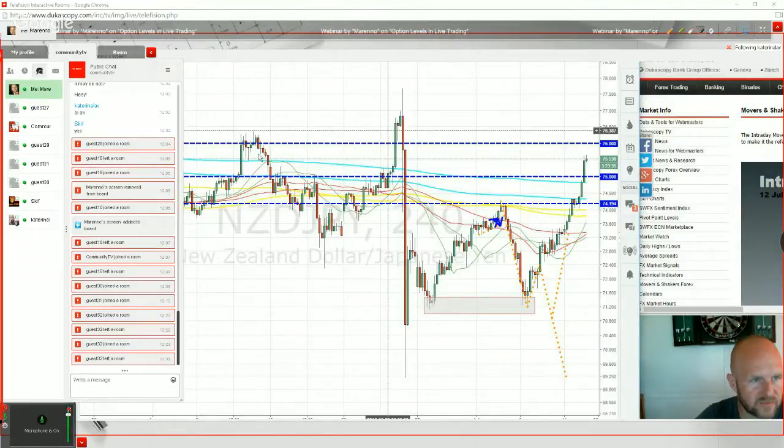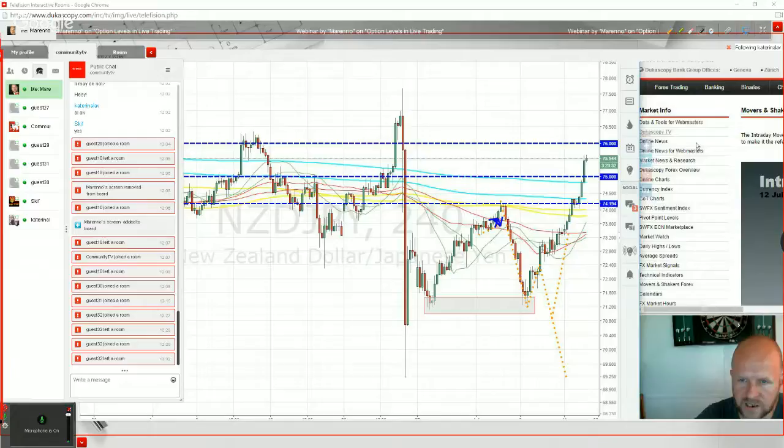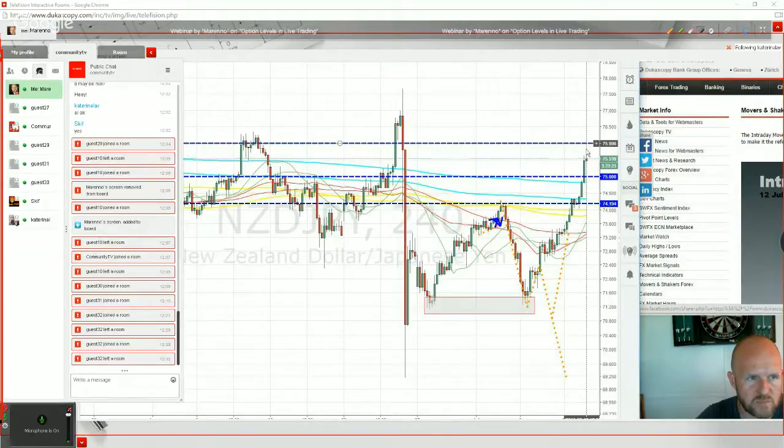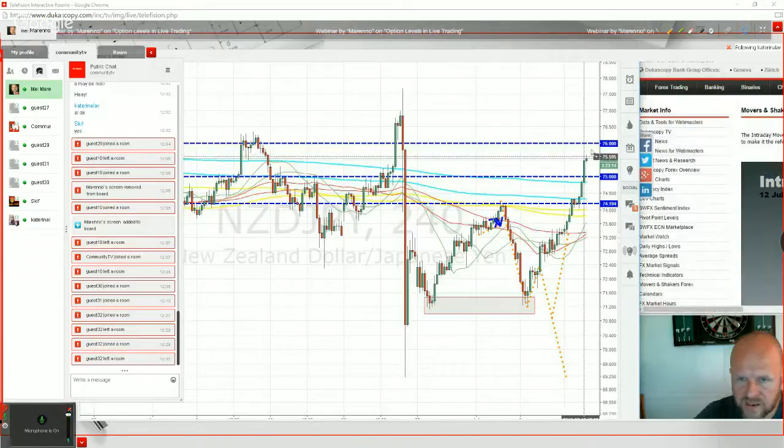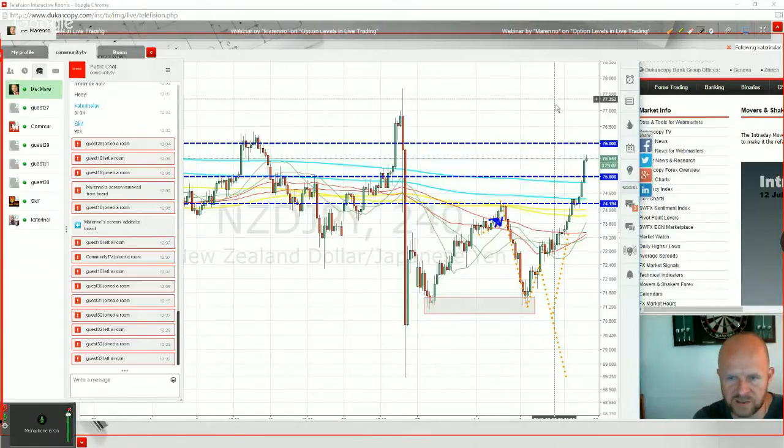It's New Zealand yen. That's a little bit strange. So we have to look for selling opportunities not earlier than 76. I would suggest, well, this is some level that must be reached.